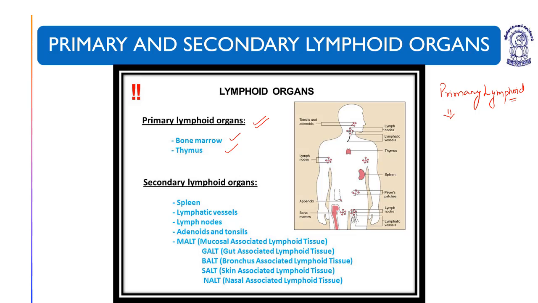The primary lymphoid organs come up with the maturation of T and B lymphocytes along with antigen specific receptors.